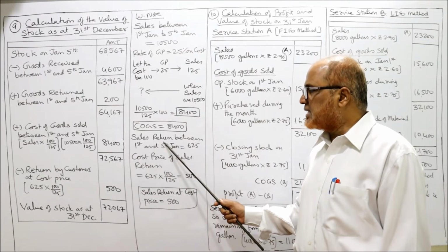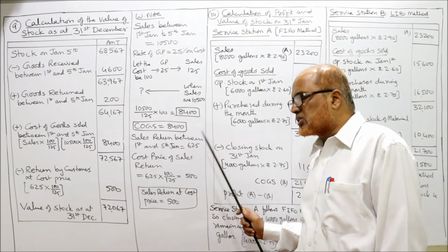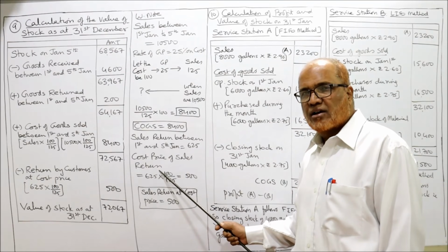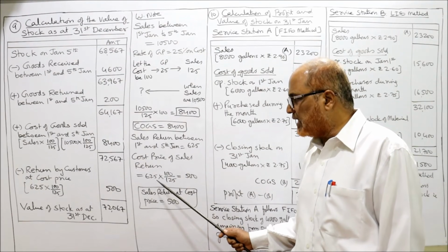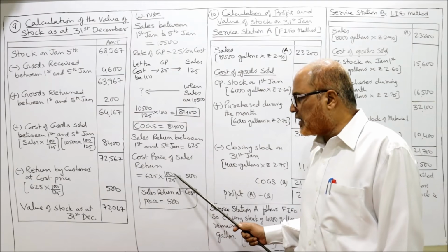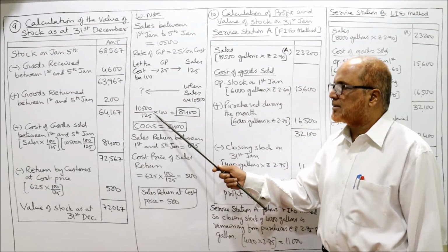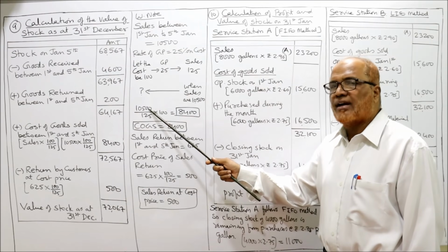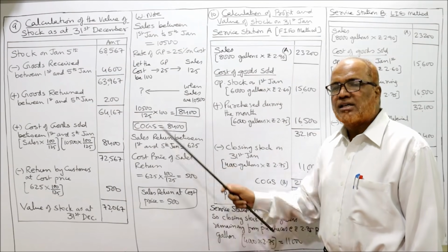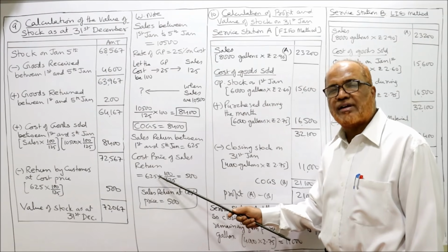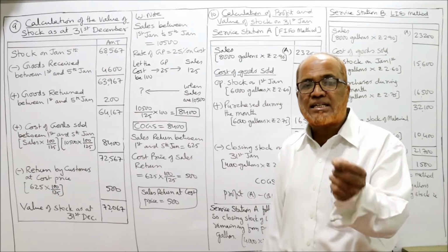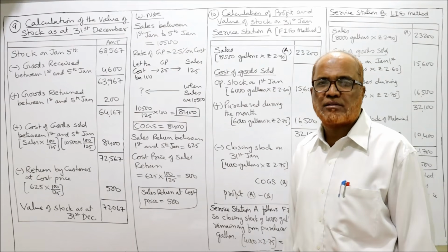Now see here, sales return between 1st Jan to 5th Jan is 625, given in the problem. Cost price of sales return is 625 into 100 by 125, just like the sales. Sales 10,500 into 100 by 125. Similarly, sales return is 625 into 100 by 125. 500 rupees is the sales return at cost price.